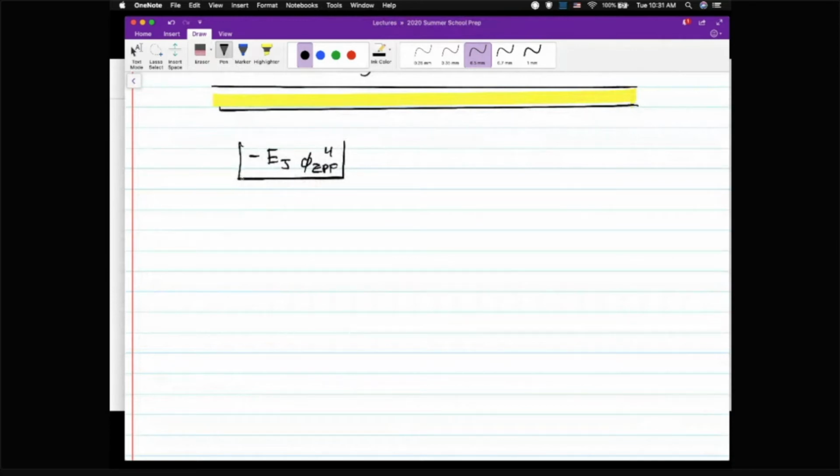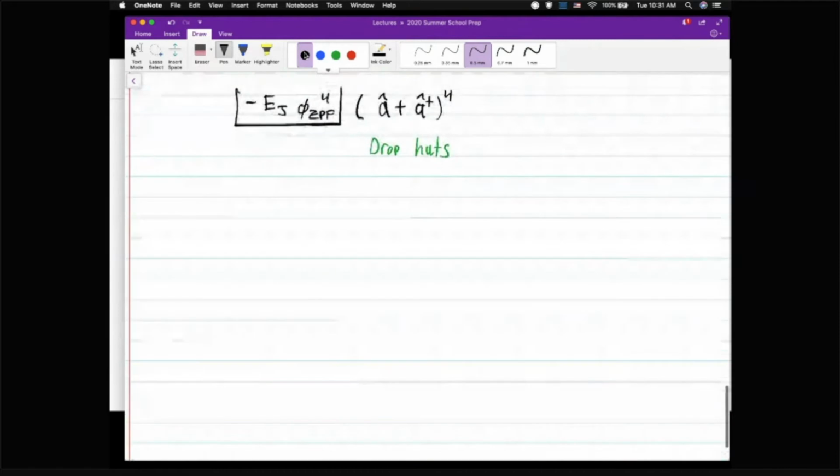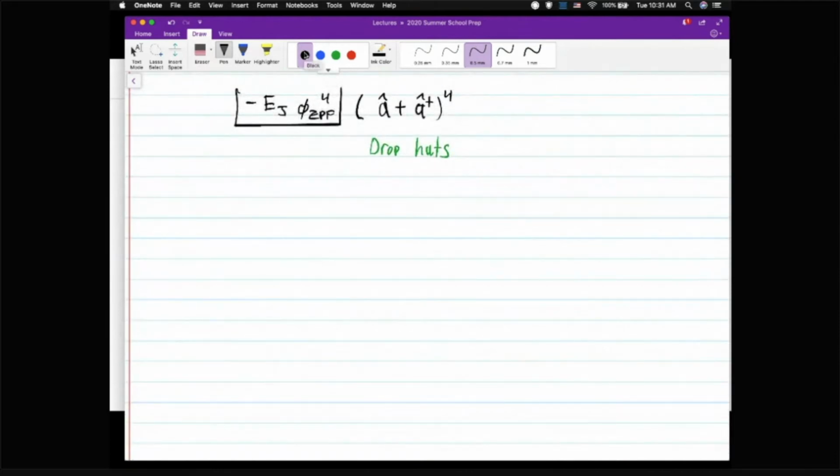I'm just going to leave it aside and focus on (A plus A dagger) to the fourth power. Here I'll drop the hats for notational simplicity, so that I can write a little quicker.